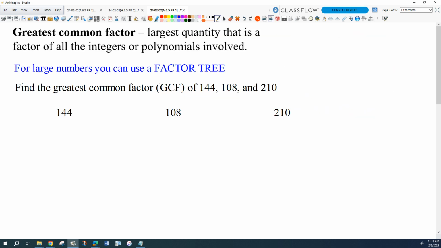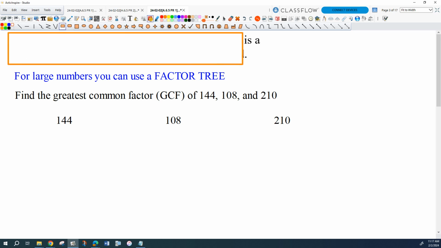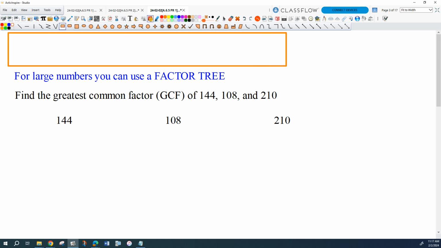So let's start off with finding a GCF, greatest common factor. I've got three numbers. Well, what is the greatest common factor? Just in general, what does it mean?